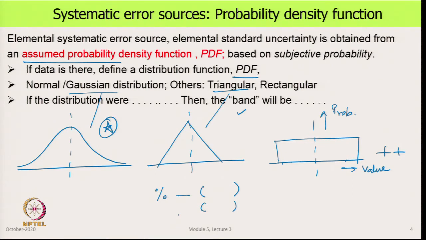In that case, to get that much of uncertainty at this percentage confidence level, we need to find out what are the limits within which that much of the area lies. These limits would be the values that we are looking at here, and these limits are related to the standard error.